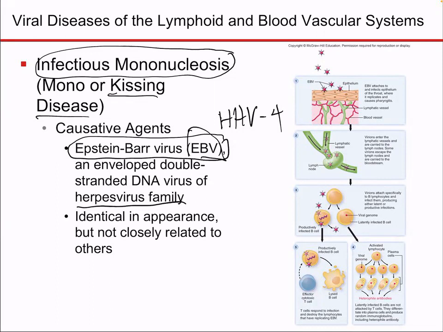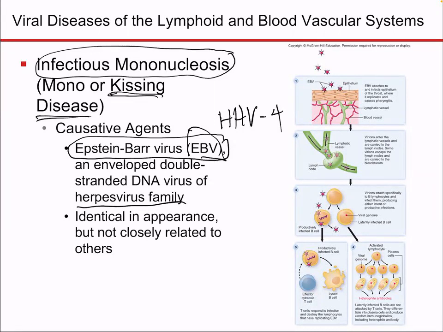Like if you shared a spoon or a glass, and there is saliva there, and if you have the virus and now you share that glass, that spoon with another person, that person may contract the infection. Or by kissing, that could be a route of transmission. And that is the main reason why it is called the kissing disease.